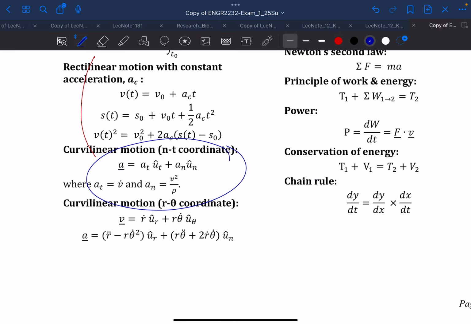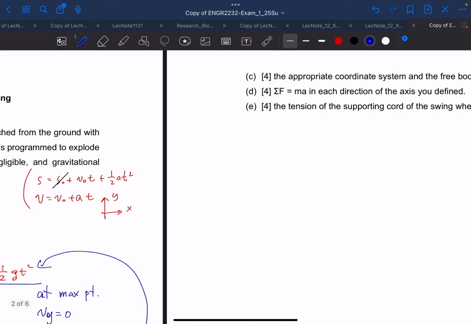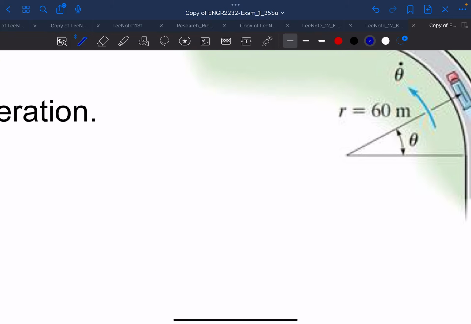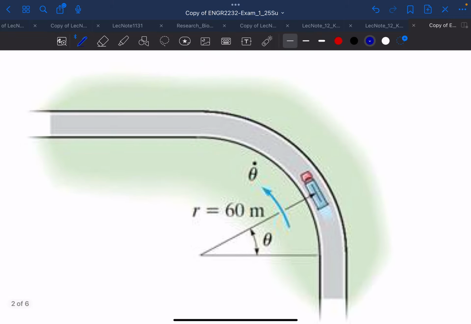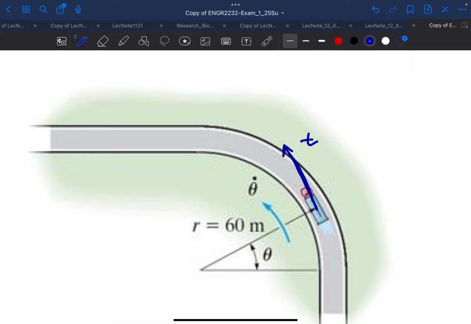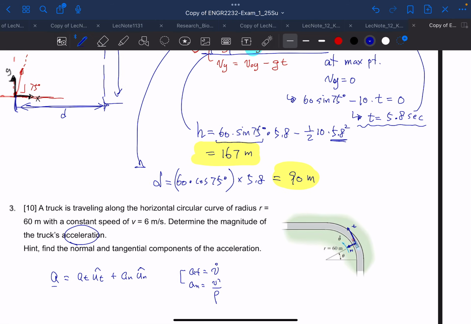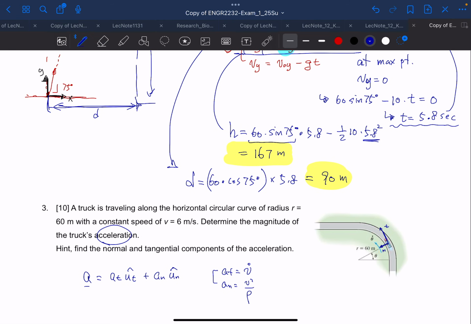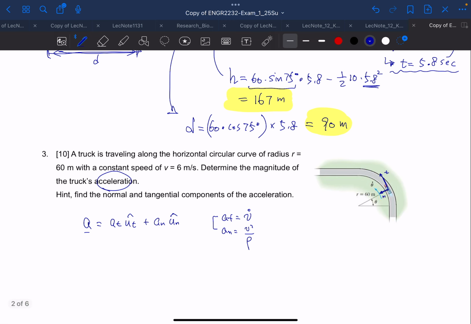By setting that, this is my t direction and this is my n direction, which are pretty straightforward. If we want to find the magnitude of a, all we do is a_t squared plus a_n squared and take the square root. So we need to find these two values.